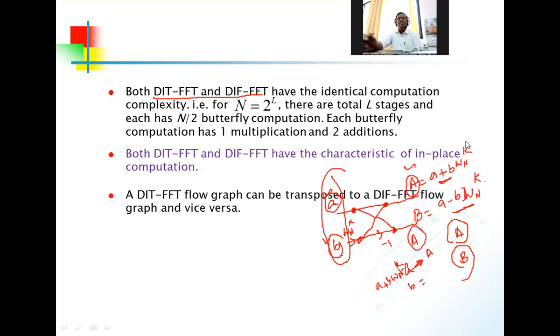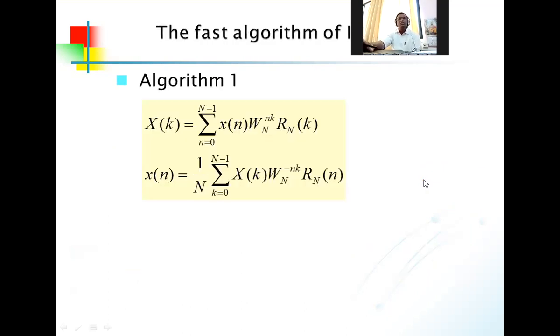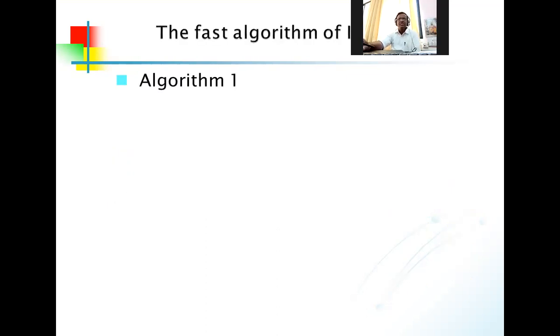Then next, the DIT-FFT flow graph can be transposed to the DIF-FFT flow graph and vice versa. This is about the flow diagrams for the DIF-FFT and DIT-FFT algorithms and the comparison we have discussed.